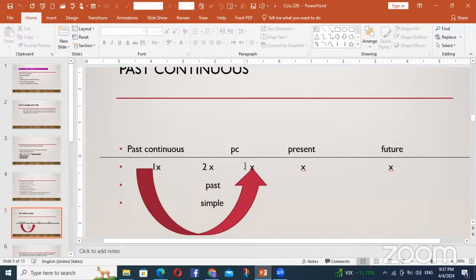Past simple is number two, meaning it happened after the past continuous started and finished before the past continuous finished. Okay, the past simple happened in the middle. See the arrow? This is the place of the past simple, number two in the middle of this long arrow. It means that the past continuous started first, takes a long time, and in the middle the past simple happens and finishes.